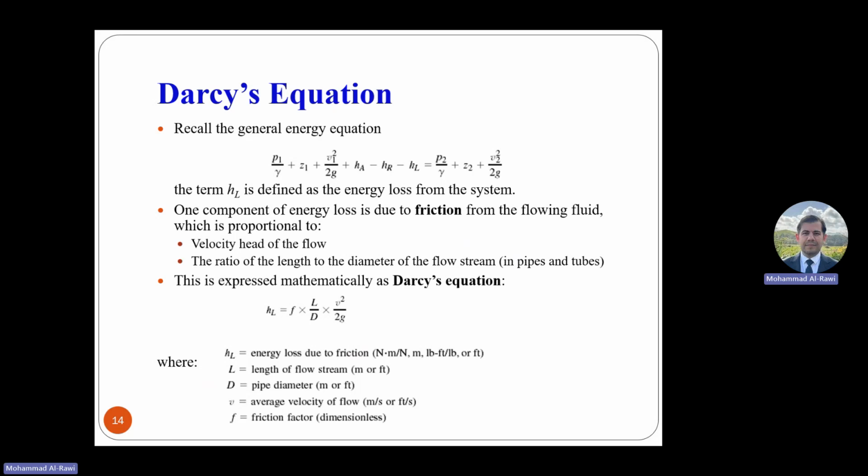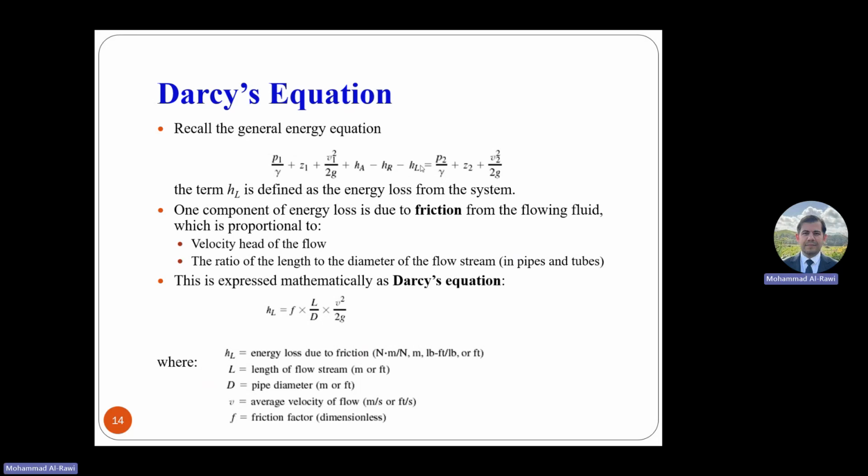Darcy's equation is based on using the general energy equation, which we just presented in the previous video. So the general energy equation, to revise it, is the pressure head P1 over gamma plus elevation head Z1 plus the velocity head V1 squared over 2g plus HA, the head added by the pump, minus HR, the head energy removed by the turbine, minus HL, which is the friction and minor losses in fittings, and equals the other point we're trying to investigate.